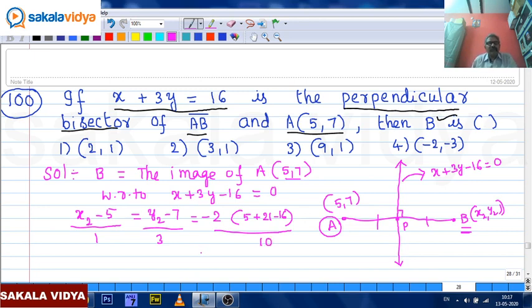So this equals 26 minus 16, which is 10, so this will be minus 2.